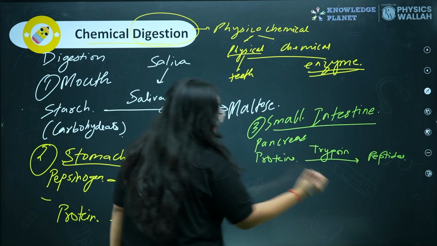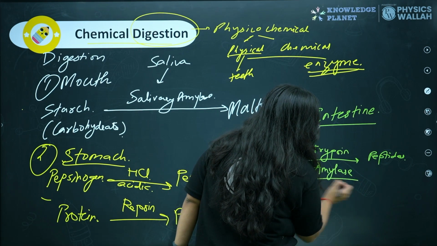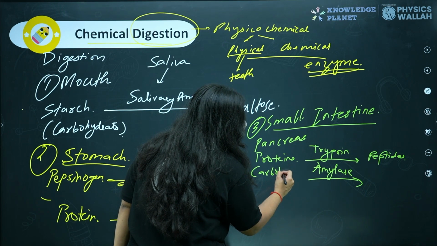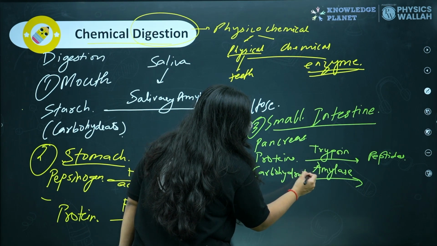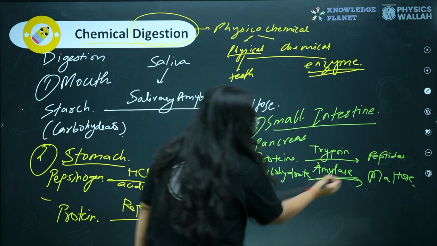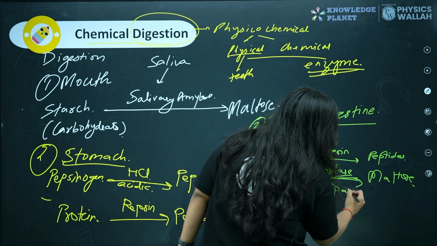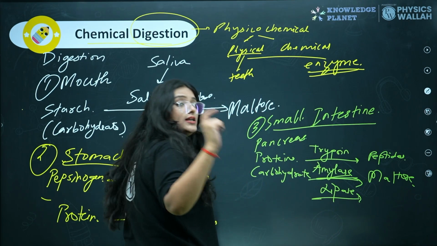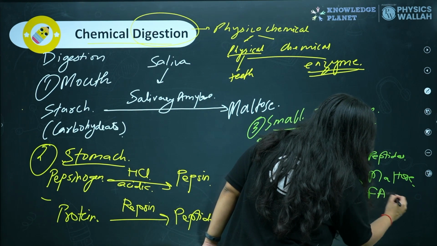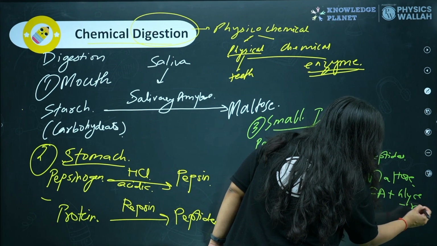Then there would be amylase, but this amylase is not salivary amylase. It is pancreatic amylase to convert carbohydrate into maltose again. Then we have lipase. Lipase will convert the tiny droplets of fat into fatty acid as well as glycerol.